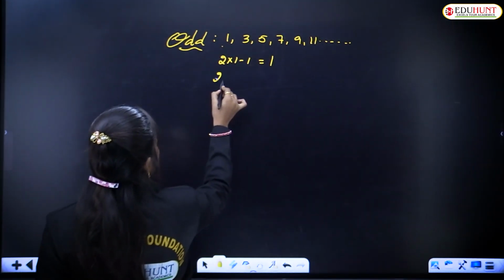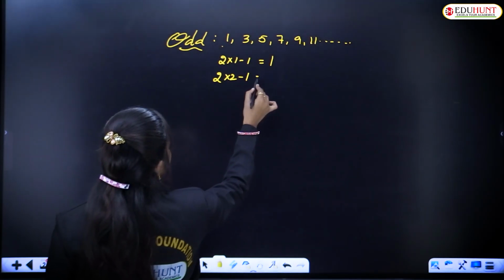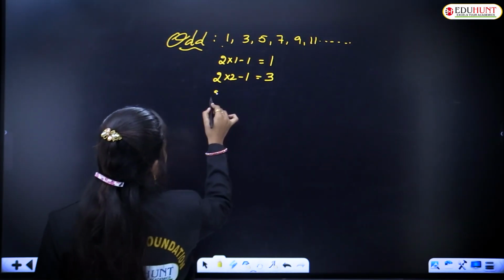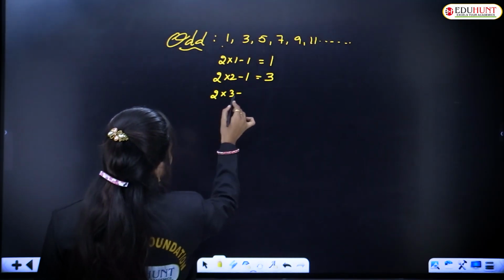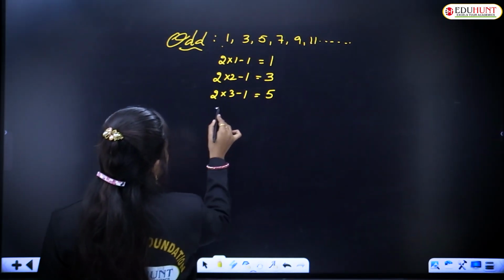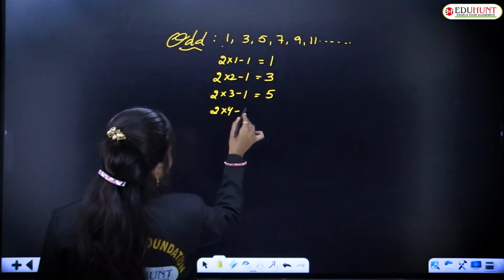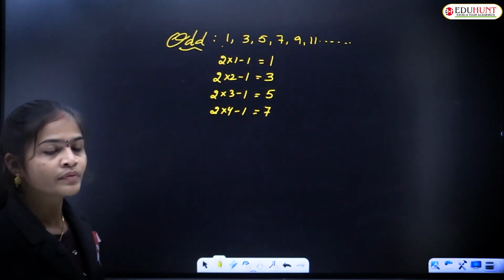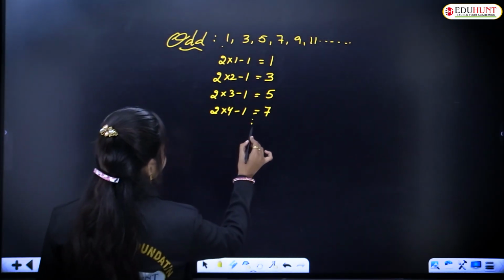And in the same way 2 twos are 4, 4 minus 1 is 3. Next 2 into 3 minus 1, 2 threes are 6, 6 minus 1 is 5. Next 2 fours are 8, 8 minus 1 is 7. Clear? Okay, and so on.